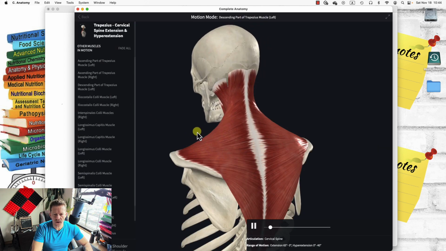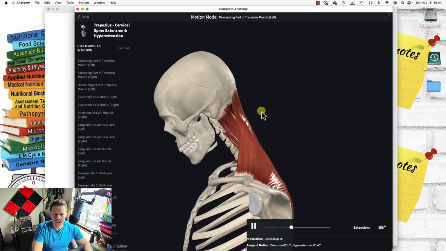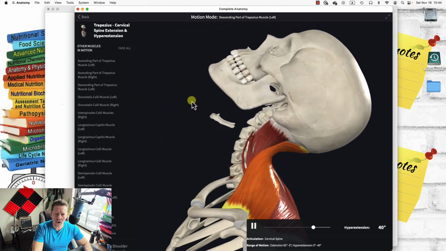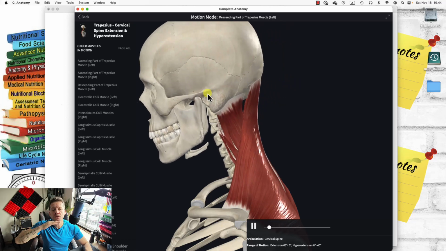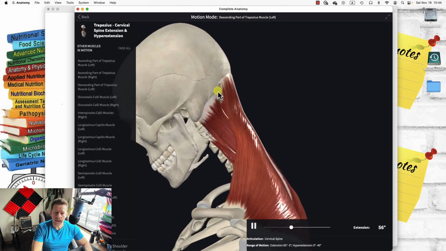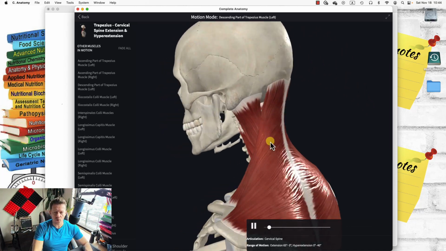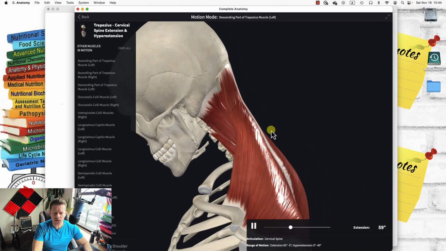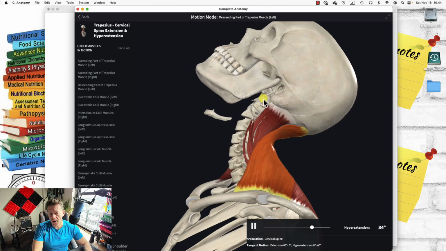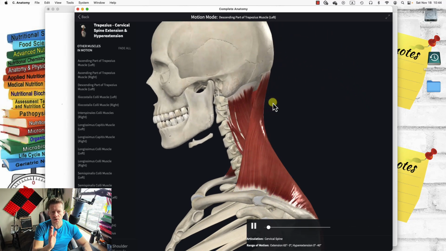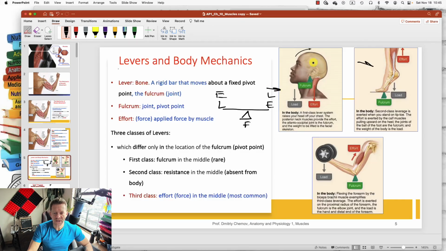Regardless of the group of muscles, you see that the load is here at the chin, then the effort is right at the back at the group of posterior muscles, and the actual fulcrum, the joint, is your spinal column. So with the first class lever, we have the effort, then a fulcrum, and then a load.